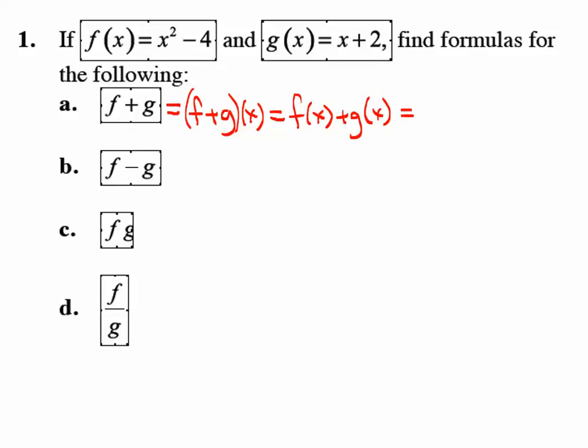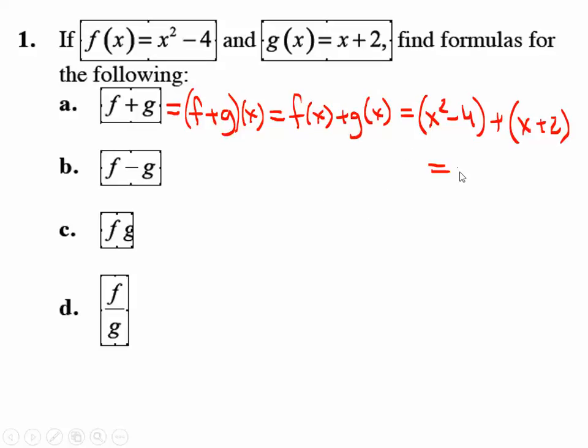Again, can you skip a few of these steps? Absolutely. But the f function is x squared minus 4 plus the g function, which is x plus 2. So now really the question is, can you add those together?